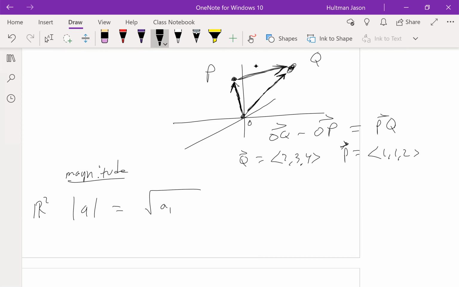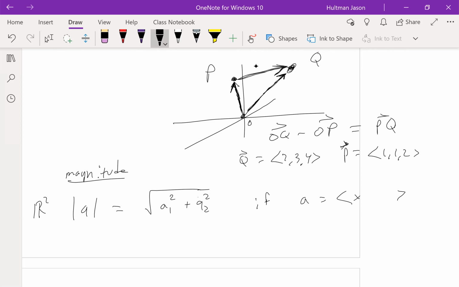So this is A1 squared plus A2 squared. If A is equal to A1, A2, I could do X1, Y1 if you really wanted to. Maybe I'll do that just to make it easier.